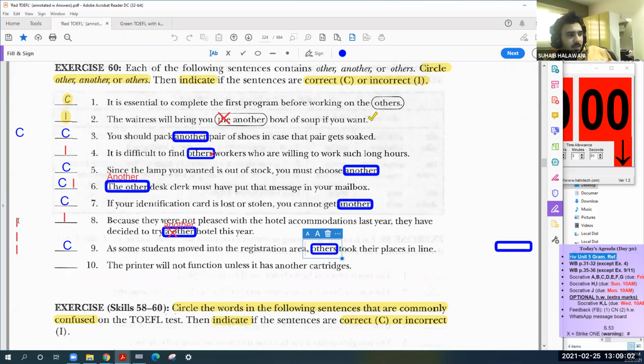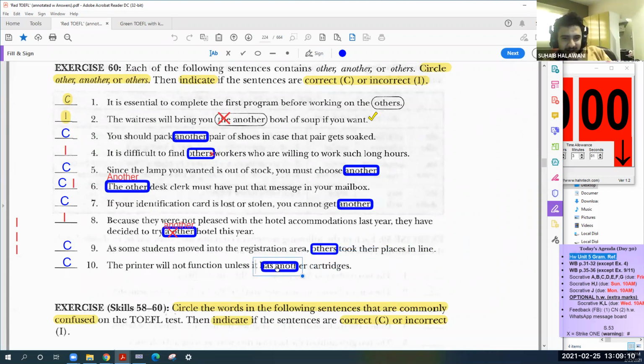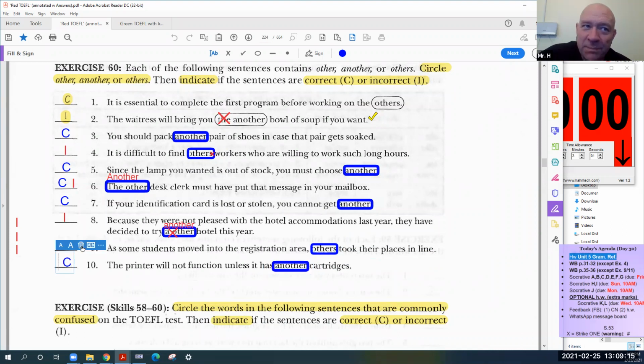Suhaib, do the last one. I think it's correct. You think it's correct, huh? Where do I put the circle? Another. You just lost marks on the TOEFL exam. This sentence is incorrect. Why?